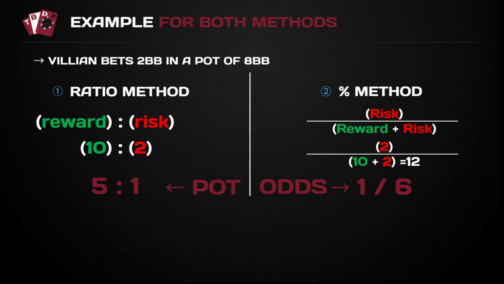Pot odds of 1/6 means we are risking 1 out of a total of 6. As you hopefully understand, both methods are telling us the same thing, just a little bit differently. But if you're not seeing this, do not worry. It will even get clearer on the upcoming slides.